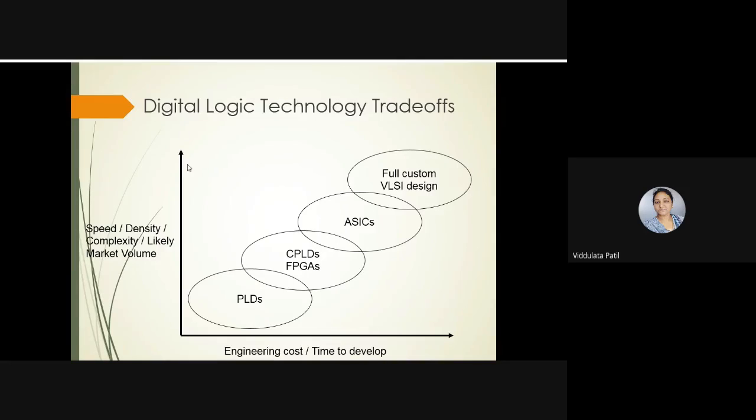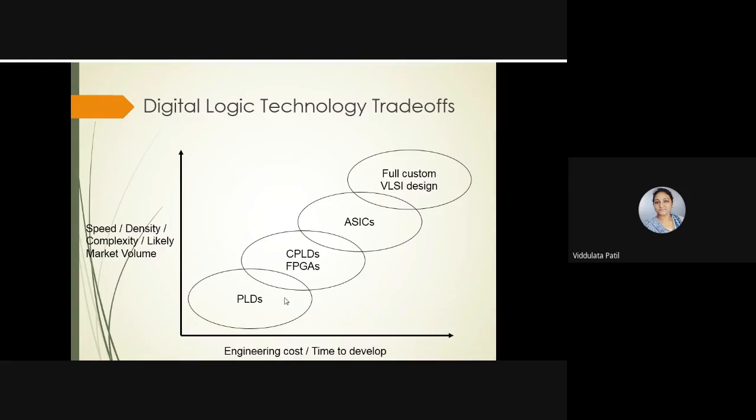So if we look at the logic design technology trade-offs, you can see from this table that if we are using PLDs, PLDs will have low cost, and the time required for development will also be lesser, but the speed of that device is less, as well as the complexity that you can have in the circuitry is also less.